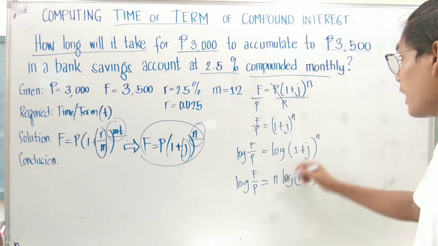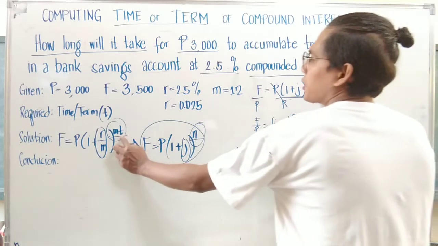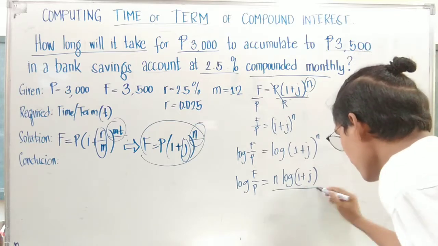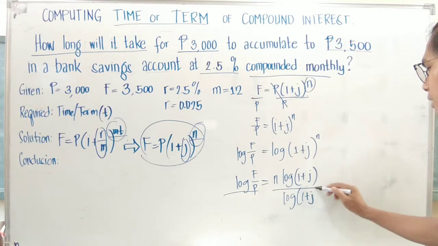Again, we will isolate n, because from n we can find t, which is the requirement of the problem. So we will isolate n by dividing both sides by log of 1 plus j.